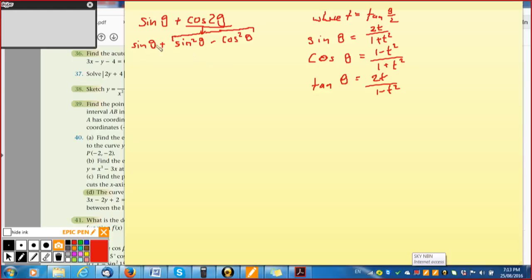Now, sine theta is equal to 2t over 1 plus t squared, plus, and this one here, sine squared theta, is 2t squared over 1 plus t squared, and then you've got minus 1 minus t squared, all squared.